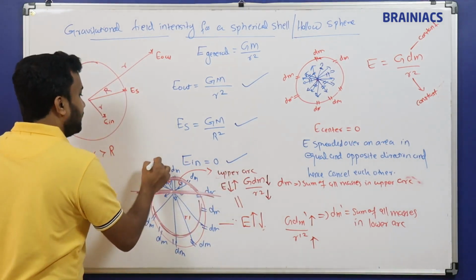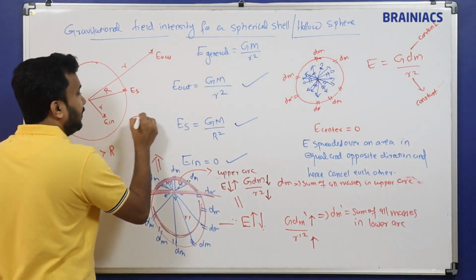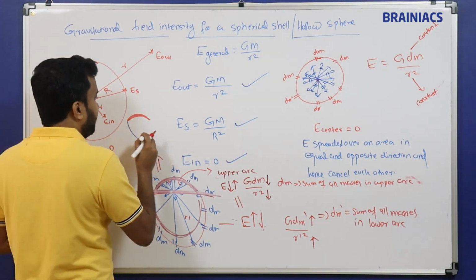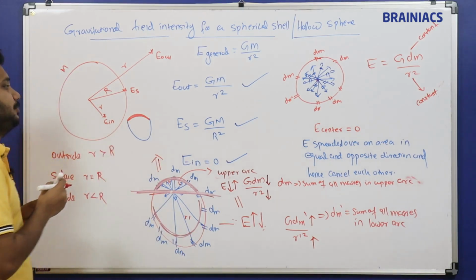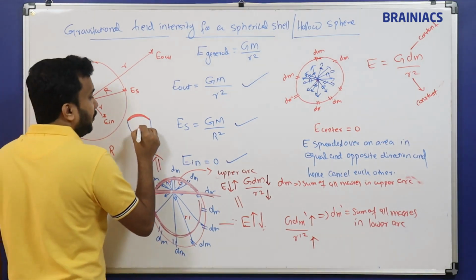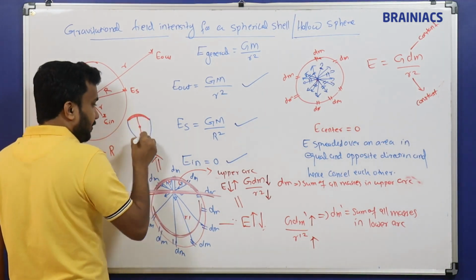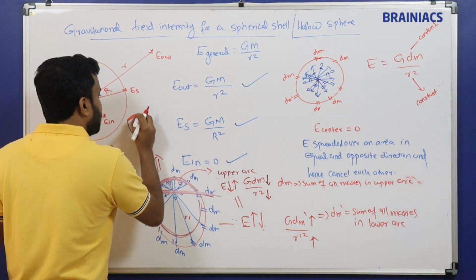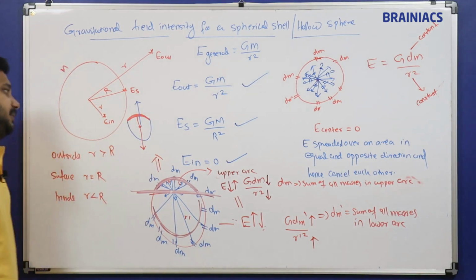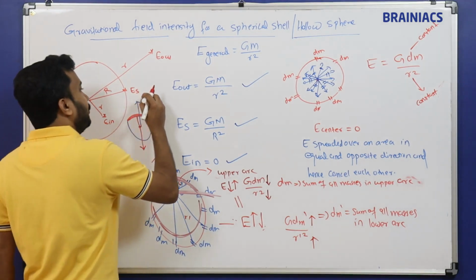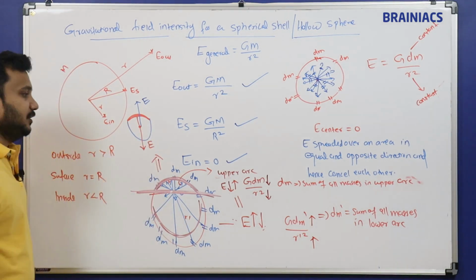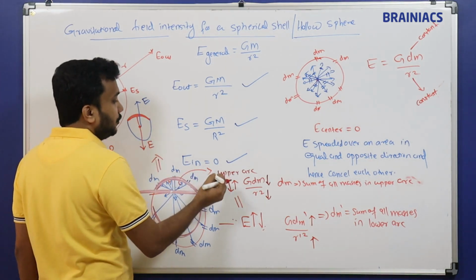Now if you consider this diagram as two arcs, this is our one arc and we have a bigger arc here like this. So these two I have separated like this. Now this is the point. Because of the red one, gravitational field intensity is in this direction. Because of the blue one, the gravitational field intensity is towards that point. So this is corresponding to the blue one.